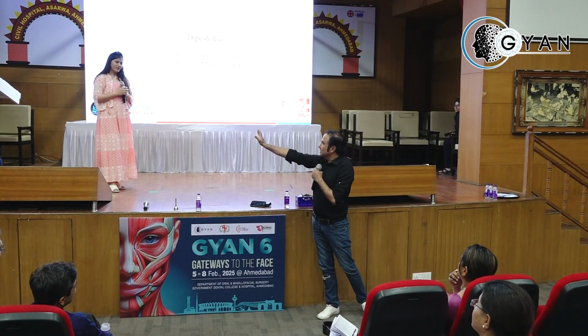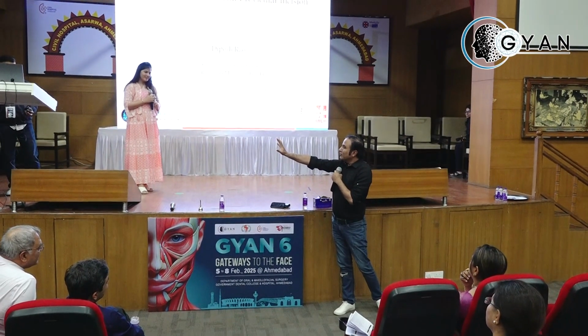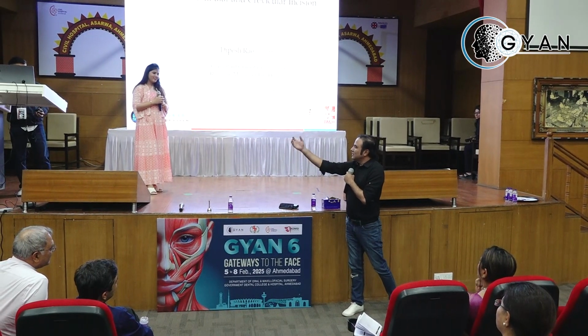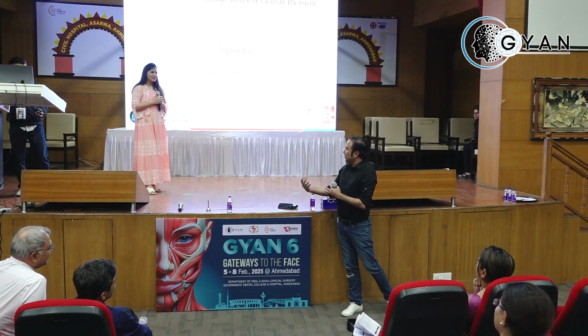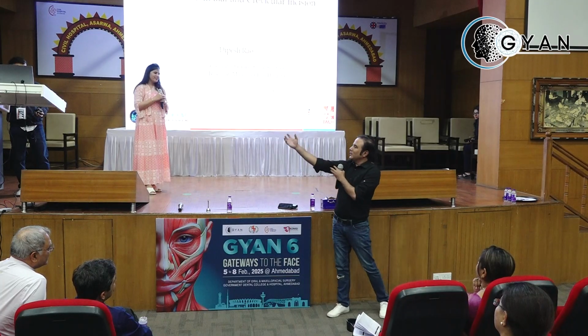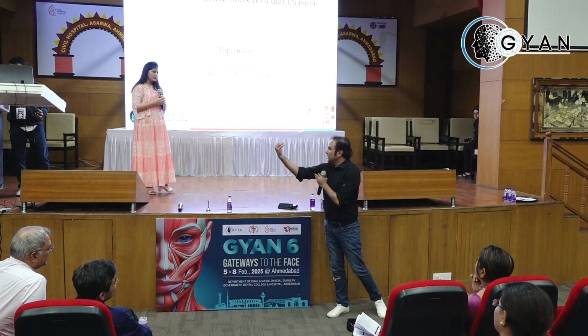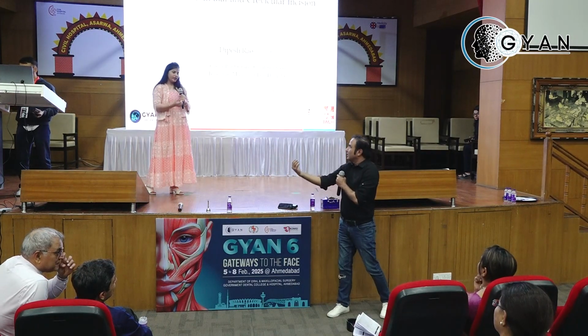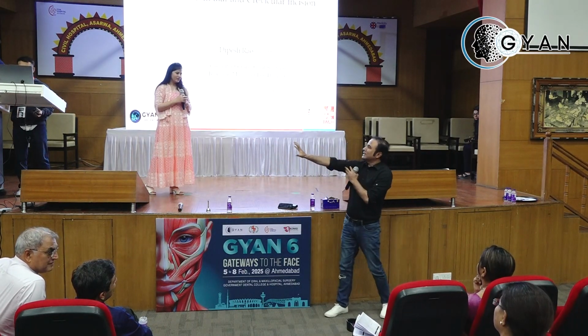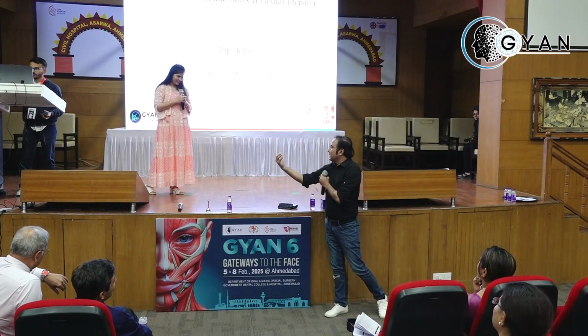So the main function is that it holds the skin in place. Now when we start getting older, the superficial fat pads start dropping down. There is an attenuation of these ligaments, which allows all of the fat to get down. It starts falling down because the retaining ligaments start getting attenuated.